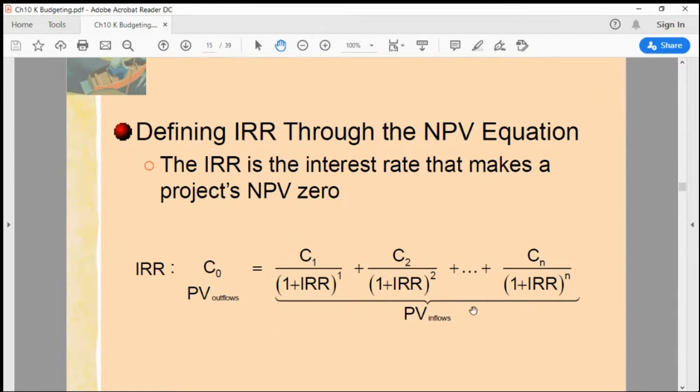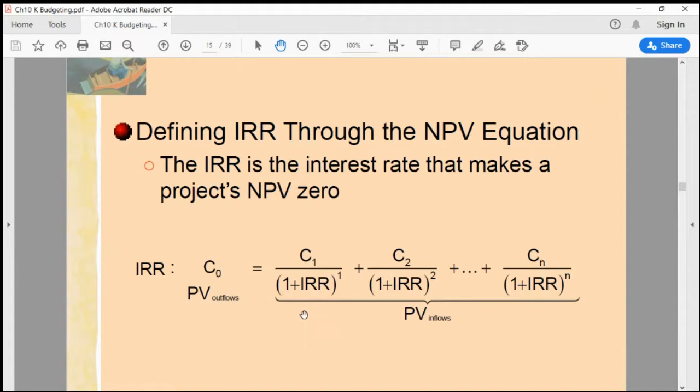Because that means the present value of the cash flow generated from this project is greater than the initial investment. So who wouldn't want to generate greater cash flow from the project than its initial investment? That's basically the reason you're investing in a project.